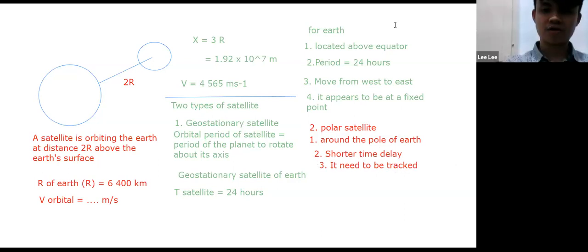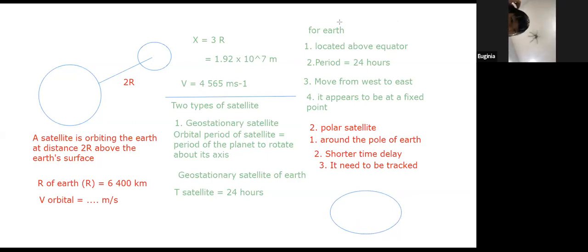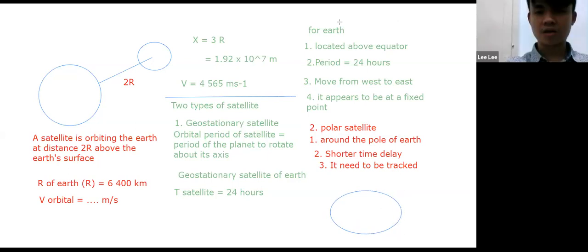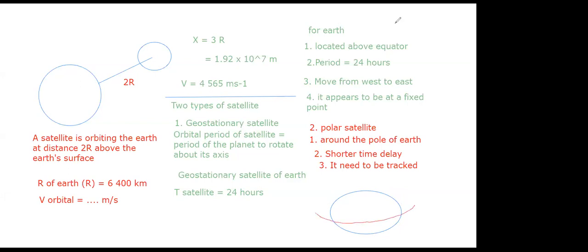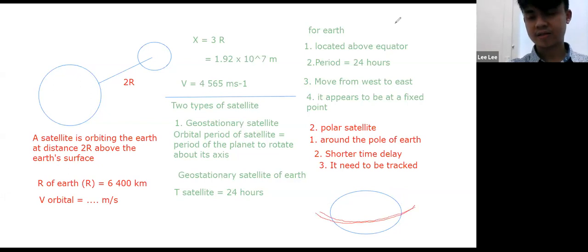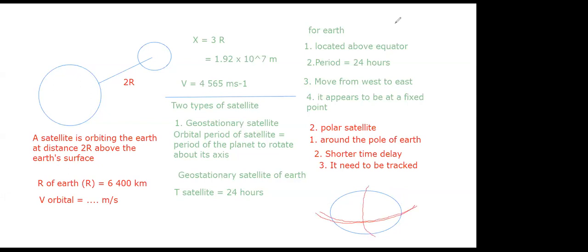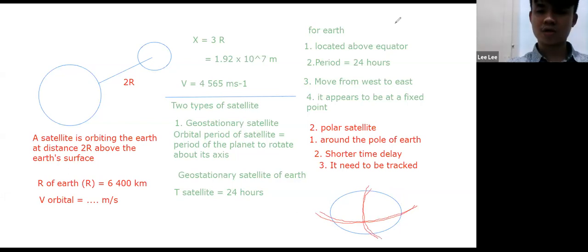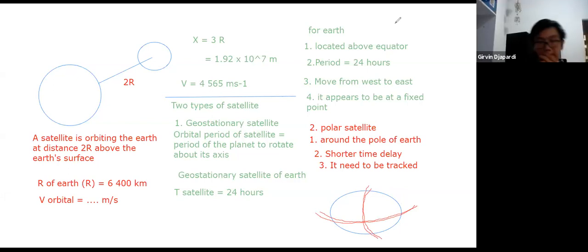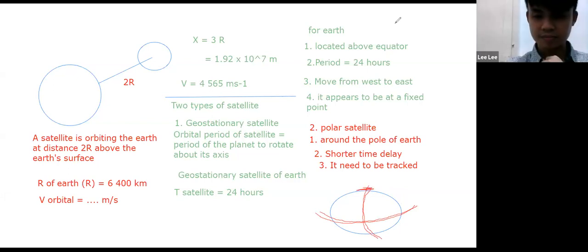If you ever learned in geography, Earth is slightly dented, right? So which one is greater in size, the equator or the polar? The equator will be greater. So which one takes a shorter time? The polar. It looks like an orange, so it's quite dented.